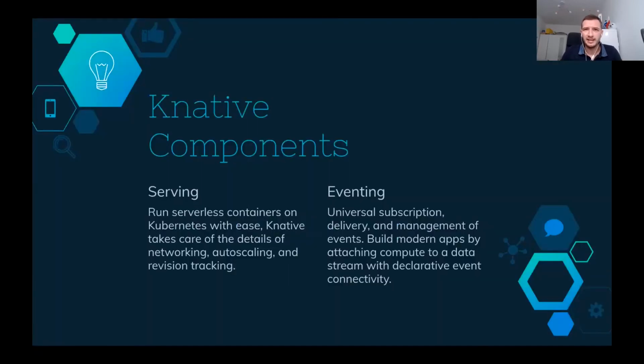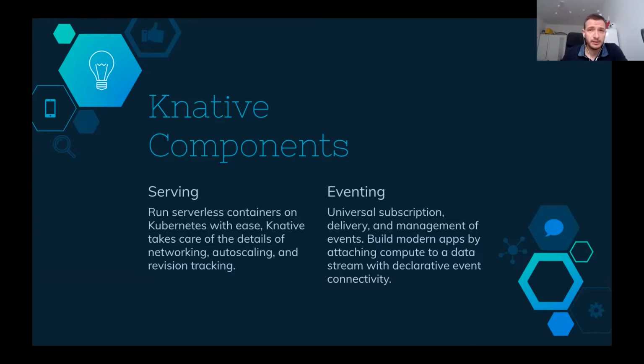Okay, so currently, Knative may be divided into two different components, serving and eventing. Both of them provide a set of CRDs. For Knative serving, these objects are used to define and control how applications run on Knative and how they behave on the cluster. Knative serving takes care of details like networking, auto-scaling, and revision tracking. I have mentioned that.